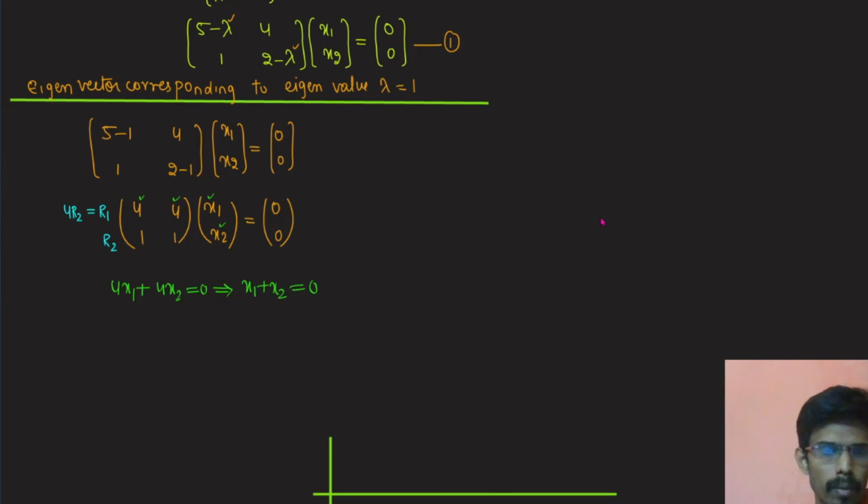Now similarly from this second row R2, 1 into x1 will give us x1 only, plus 1 into x2 gives me x2 only. So from row 1 and row 2 we'll get the same equation, correct? These two equations are same since row 1 is just a scalar multiplication of row 2. Now we got a condition here, x1 plus x2 equal to 0.